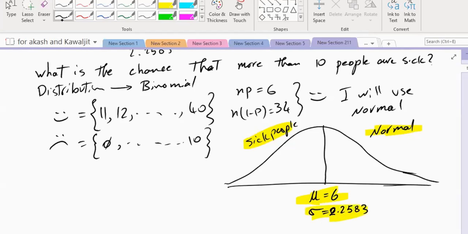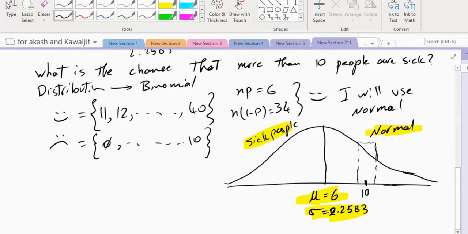So I identified all of the 4 items for my normal distribution. That is the annotation part. The next step is to identify the point of interest, 10, and more than 10. To remind myself not to fool myself, this is not really a normal question. It's a binomial question.